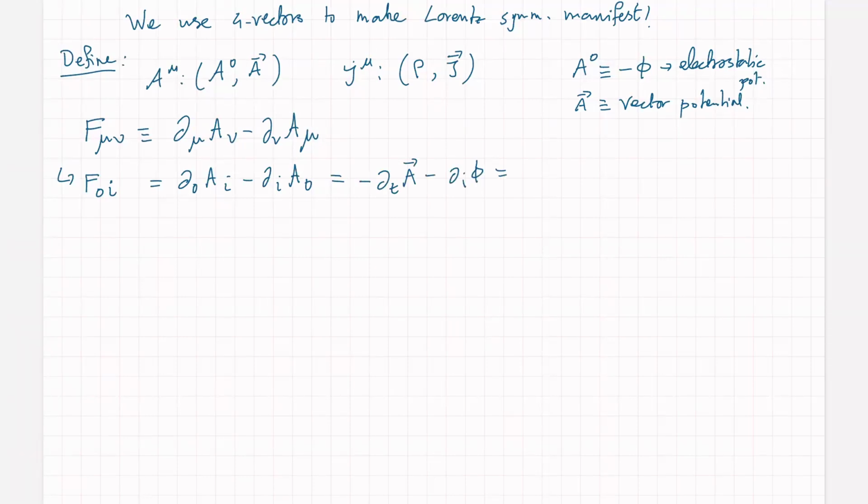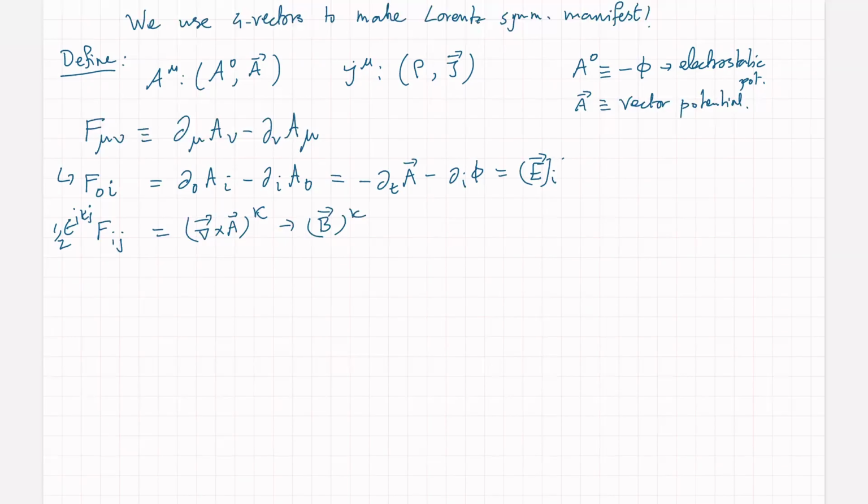So this you can recognize as the ith component of the electric field. And similarly, if you look at Fij and multiply it with epsilon ikj, this will turn out to be the kth component of curl of A, which is essentially identified as the kth component of the magnetic field.